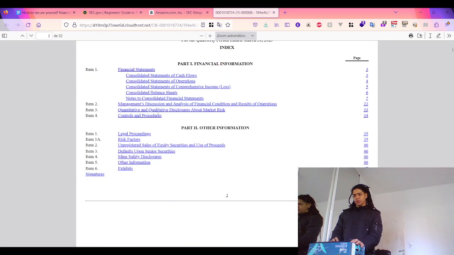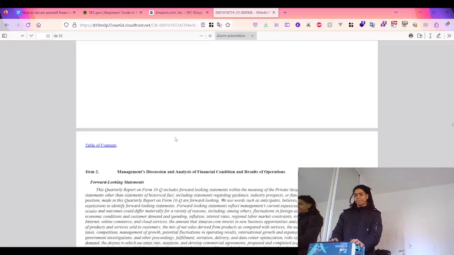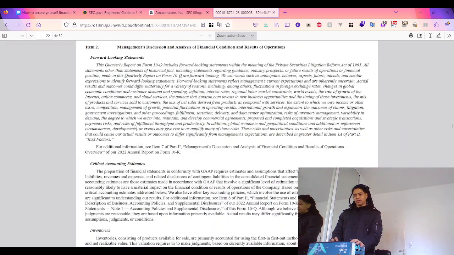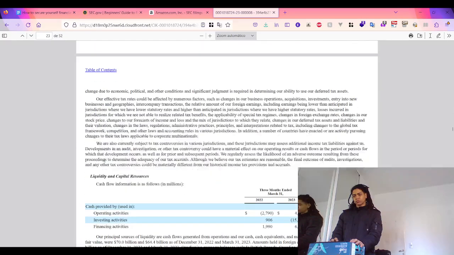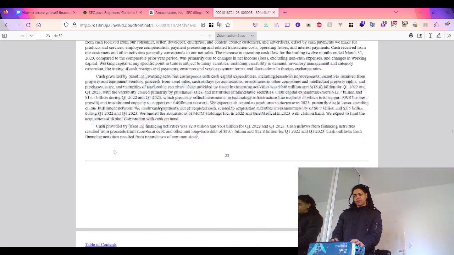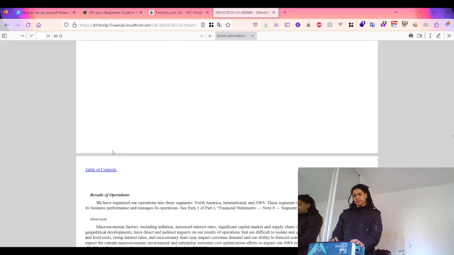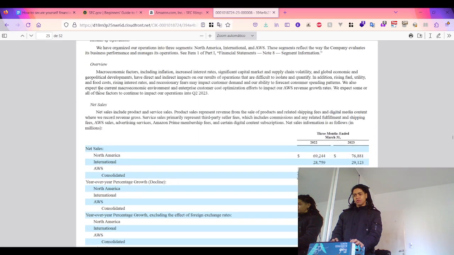here, when you navigate to the management discussion and analysis of financial conditions and results of operations, you get this. Okay, so when you look at this, for example: forward-looking statements, critical accounting estimates, inventories, income taxes, liquidity and capital resources, results of operations, overview.